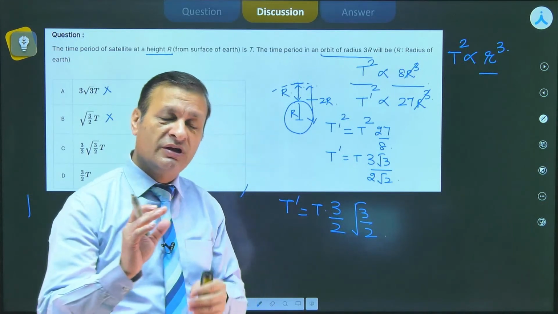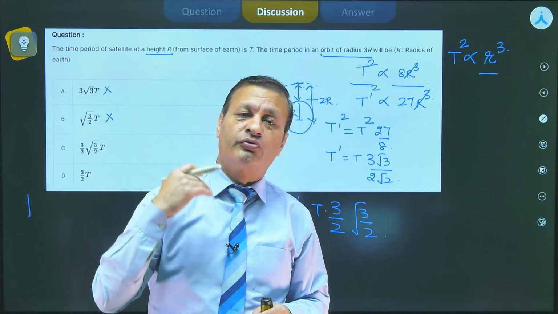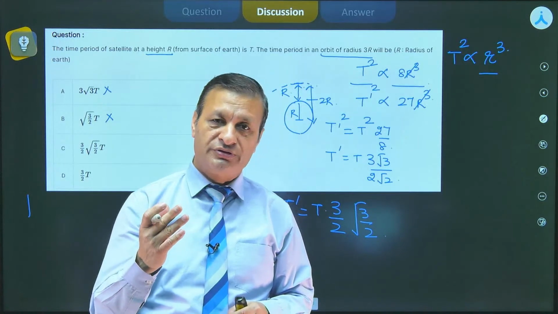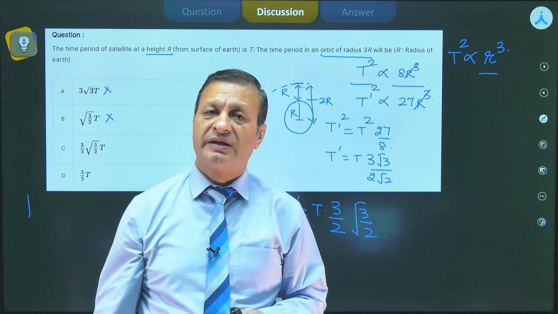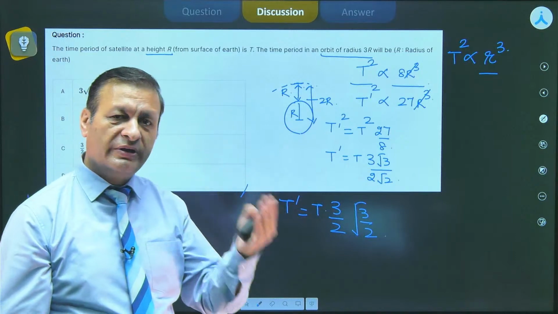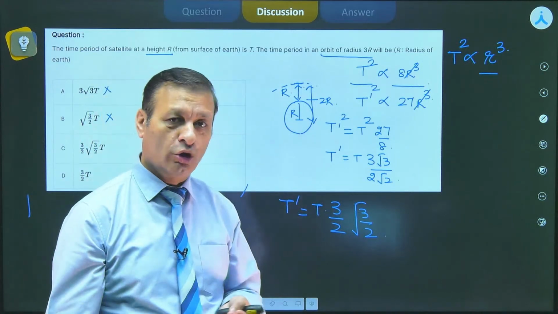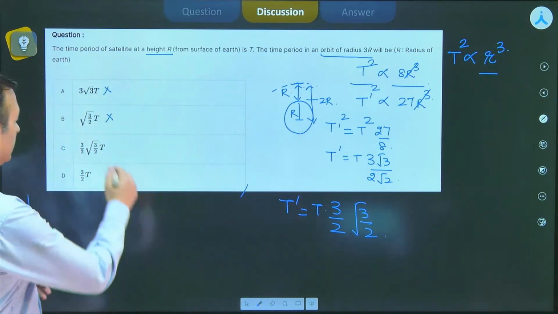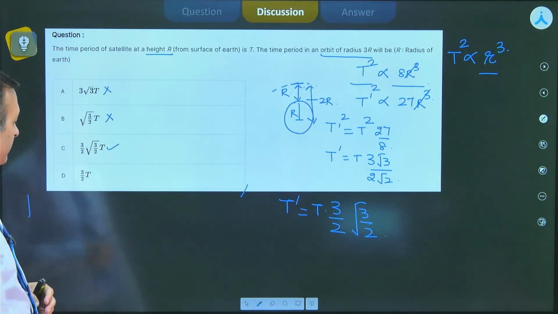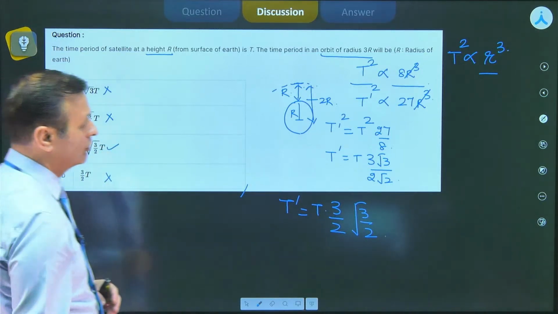Sometimes in the final stages you may have to readjust some mathematical calculations as per the given four options. So this is clearly option C, and D is also wrong.